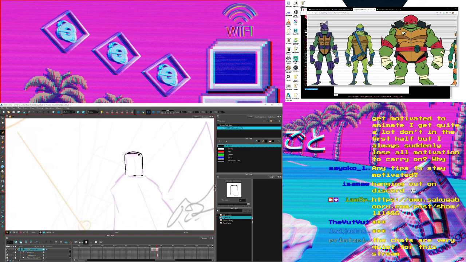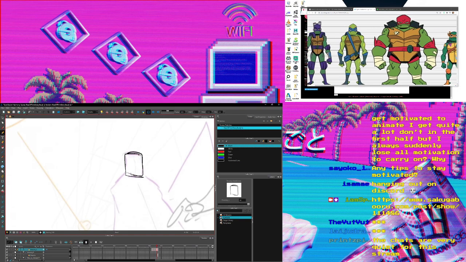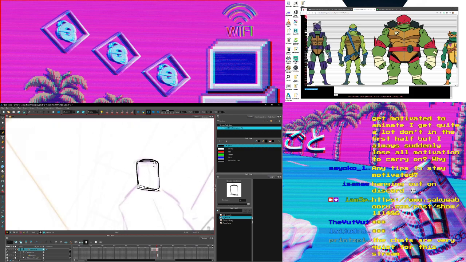Pretty sure Leonardo was a triangle of some kind. I forget what Raphael is. I think he's a giant square, but I have to check on that. There's a visual language that they came up with for these characters. The reason I bring it up is you can see the story artist here did basically a box for Donatello's head.